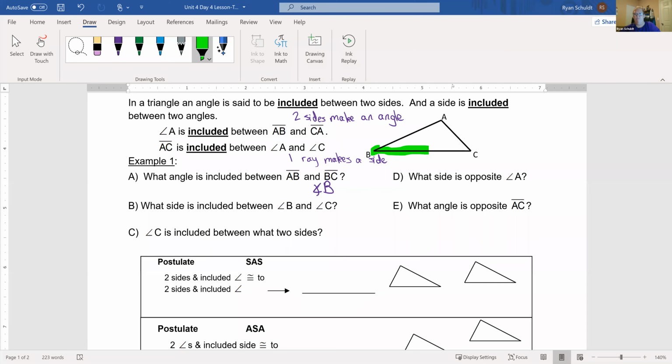We want to go from B to C. So there's angle C. We started at angle B, we ended at angle C. What side is that? That's segment BC.